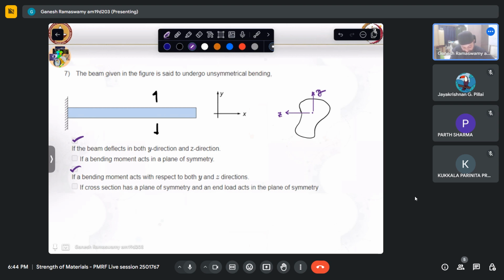If the cross section has a plane of symmetry and the end load acts on that plane of symmetry. So let us say that this was a rectangle, and if I were to load it like that at the free end, then naturally it will be having bending only in the xy plane. So there won't be any z component of displacement for the entire beam.